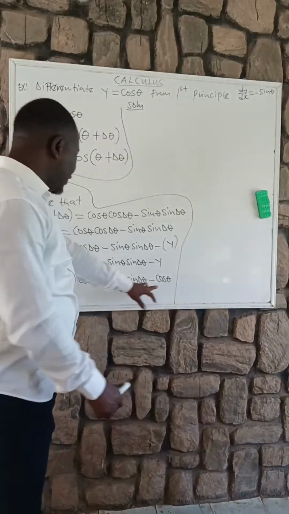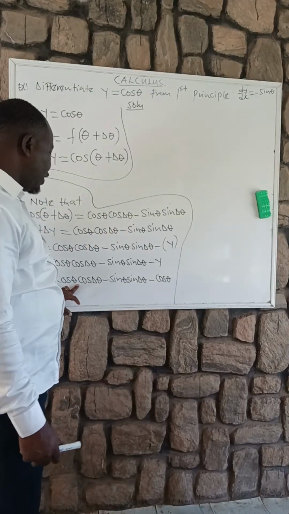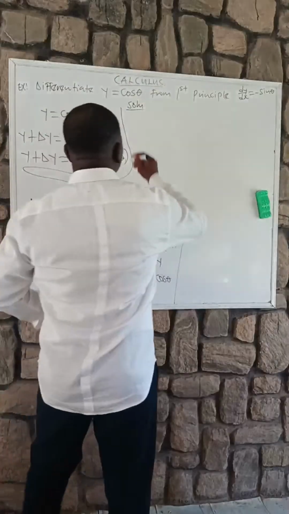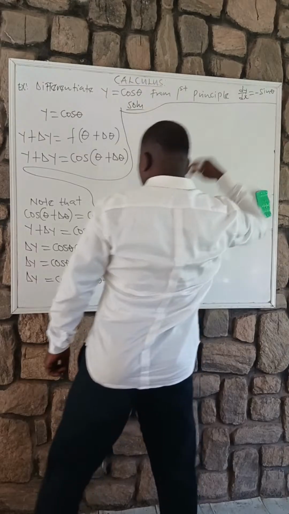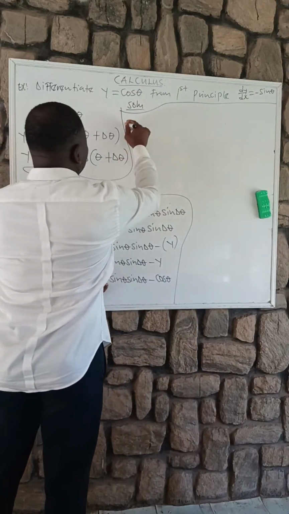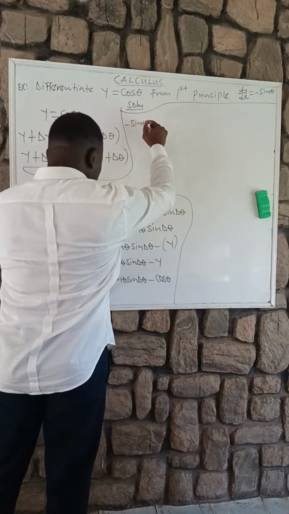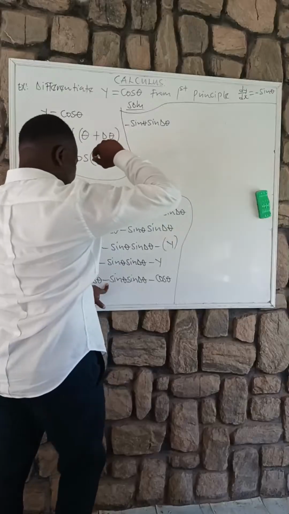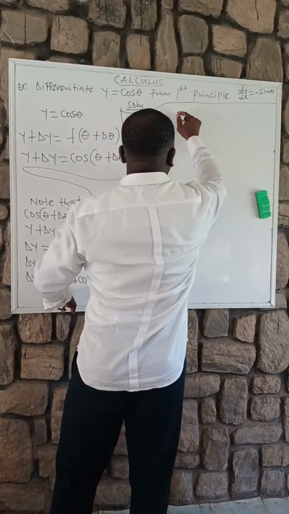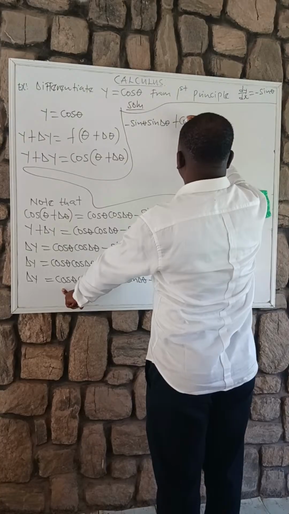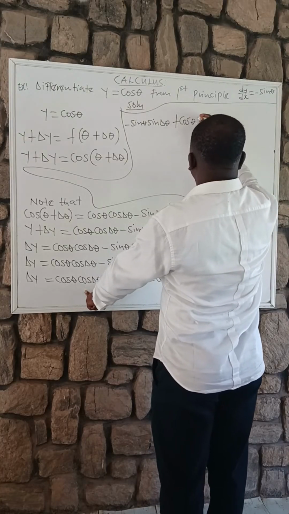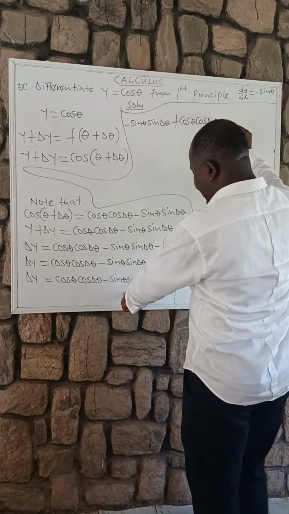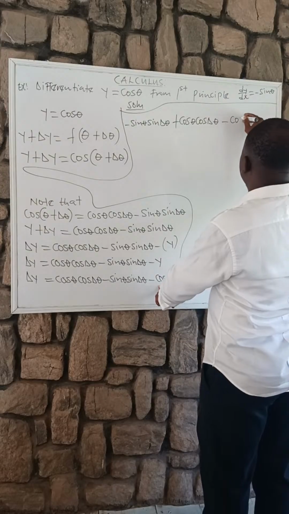So they are like terms, this and this one. So what we need to do, we have to bring this one this side, take this one here. This is what I mean, amen. We have to write minus sin theta times sin d theta, and we have plus cos theta cos d theta minus, amen, minus cos theta.